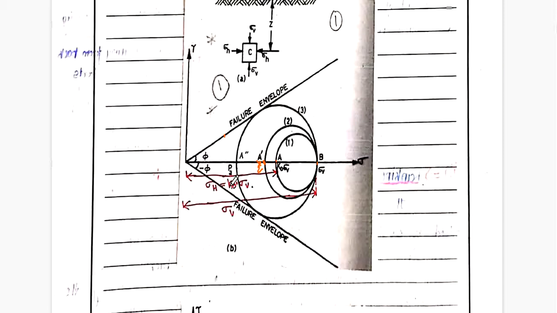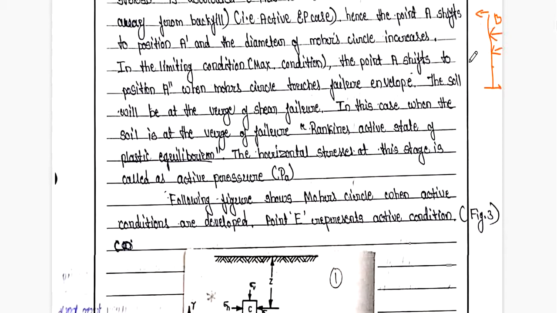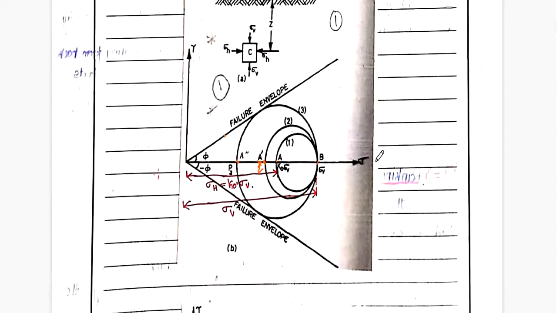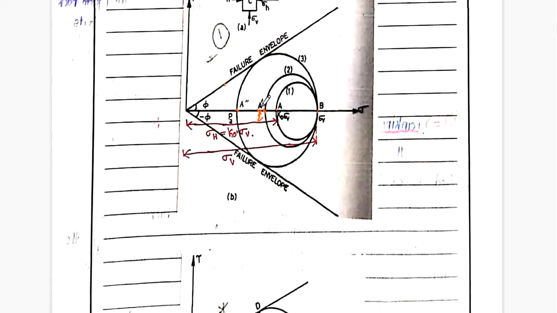Similarly, if the wall has moved slightly again, this is the second time the wall is moving, at that point sigma h will come from this point to this point. If the wall is moving away from the backfill, sigma h is going to reduce, meaning the horizontal pressure on the wall is going to reduce. So from A dash it comes to A double dash.